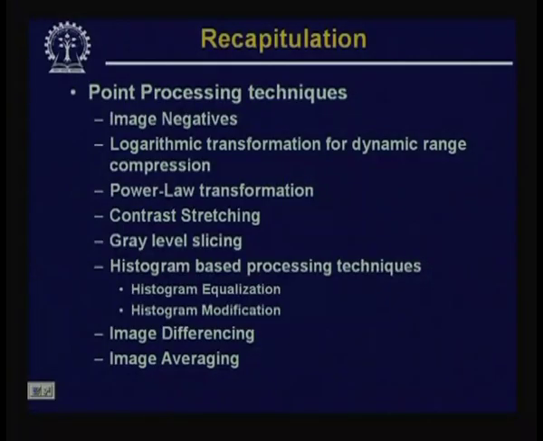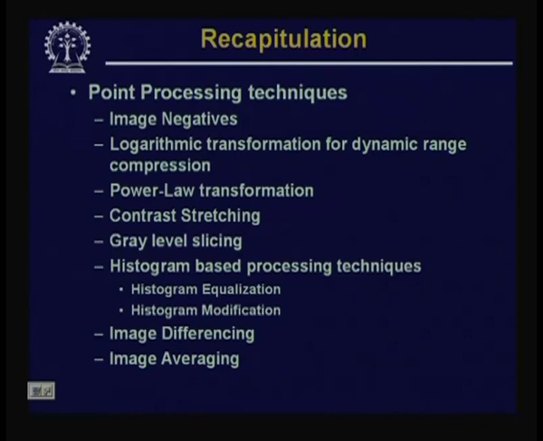So, for such cases we have to reduce the dynamic range of the image, so that the image can be displayed properly on the given display device, and this logarithmic transformation gives such a dynamic range compression operation.